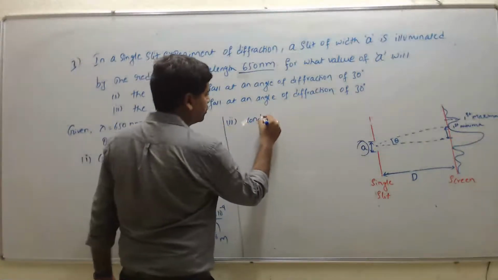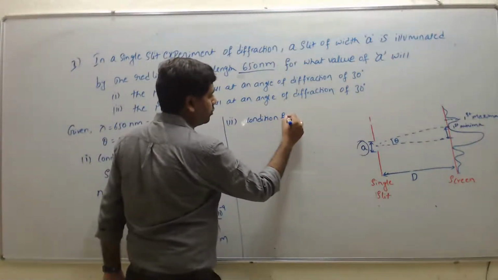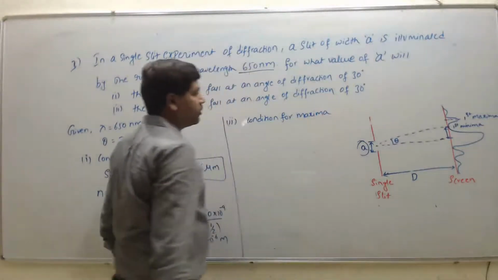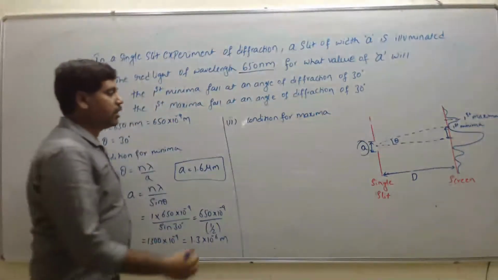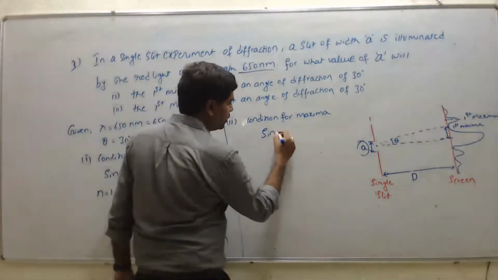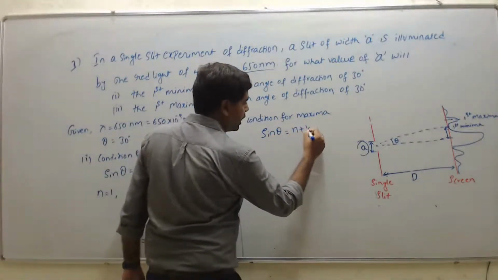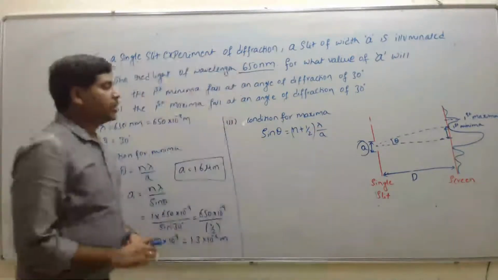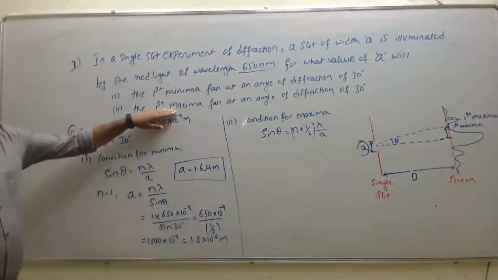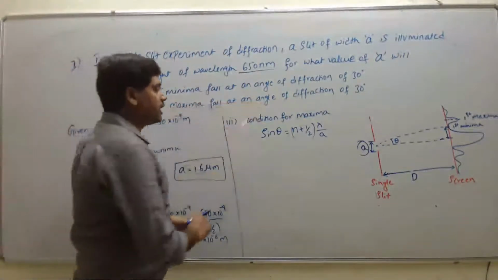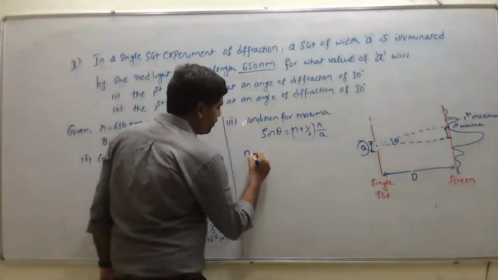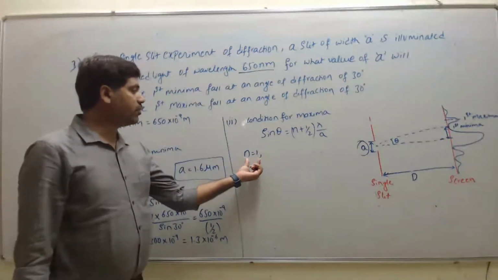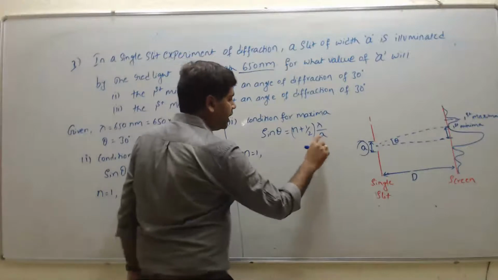Right? So similarly for the second one, the condition for maximum, that is the condition for secondary maxima. If we write the condition, then sine theta is equal to n plus 1 by 2 into lambda divided by A. Here also they gave the first maxima which falls at the angle of 30 degrees, so for first maxima the n value becomes 1. So we need a.